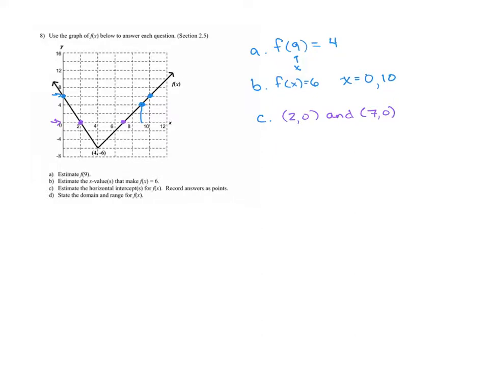And for D, we want to talk about our domain and our range. So our domain, since we have our arrows at the end of our line segments, these go forever to the left and to the right. So our domain is negative infinity to infinity.